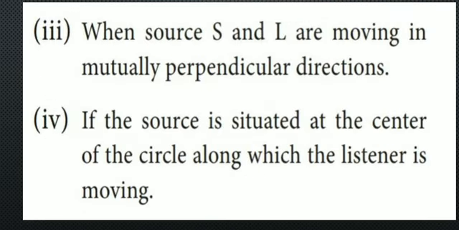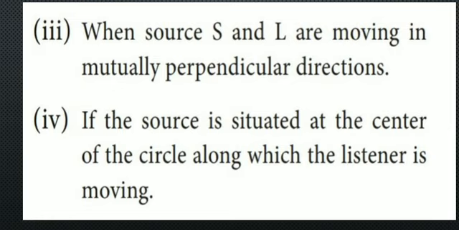Okay, the next point is when source S and the listener L are moving in mutually perpendicular directions. What is mutually perpendicular direction? Yes, both are moving perpendicular to each other. That means 90 degrees.